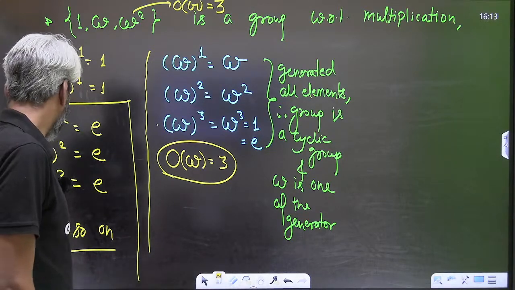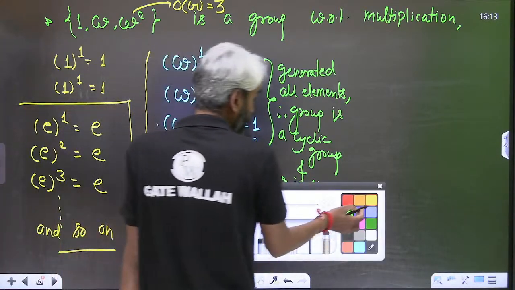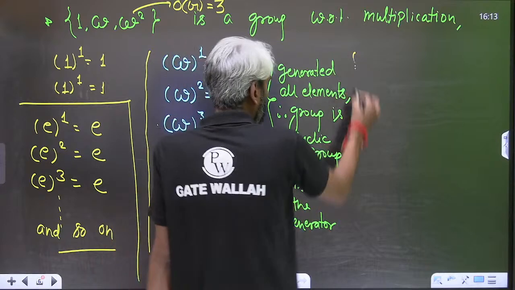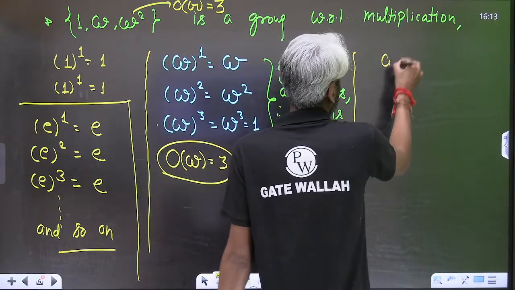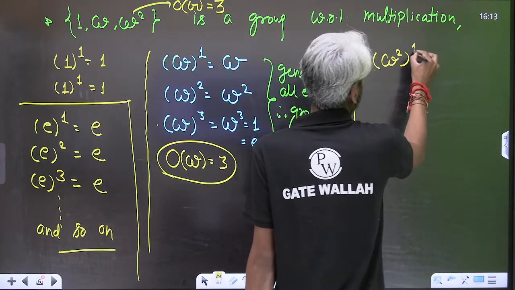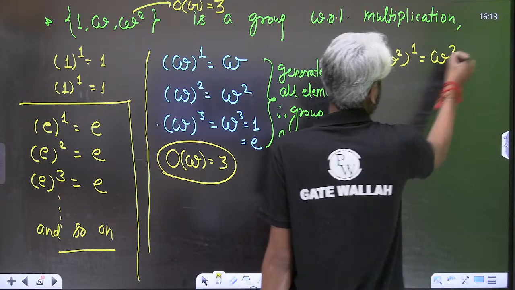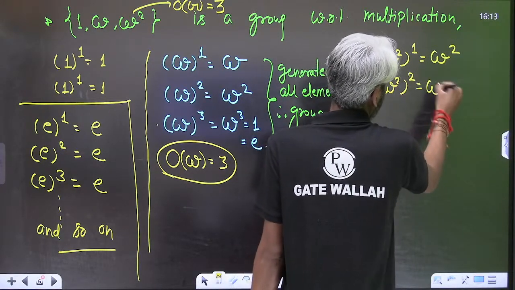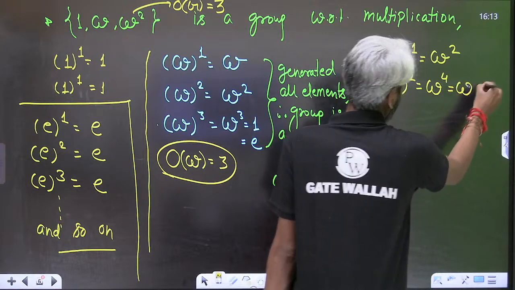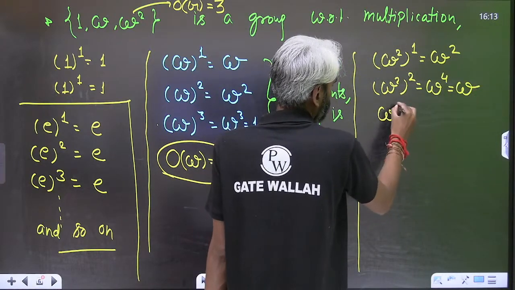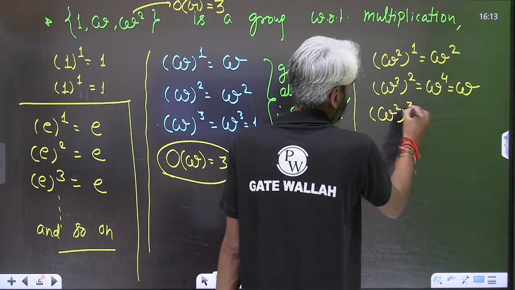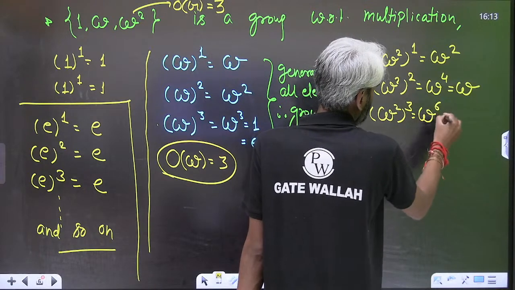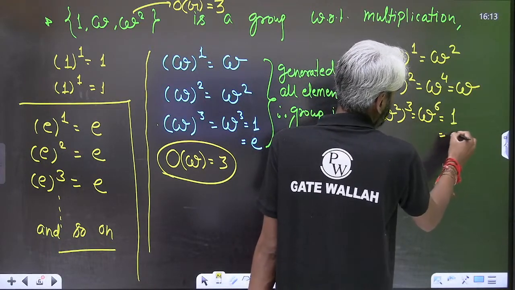Now, let's check with respect to omega square. Omega square raised to the power 1 will be omega square. Omega square raised to the power 2 will be omega raised to power 4, which is nothing but omega. Omega square raised to power 3 will be omega raised to power 6, which is 1 into 1, that is 1, the identity element.